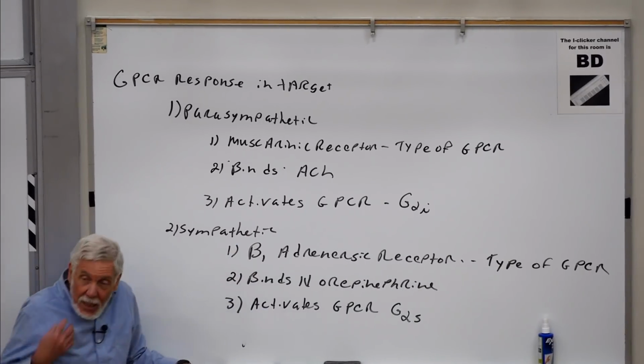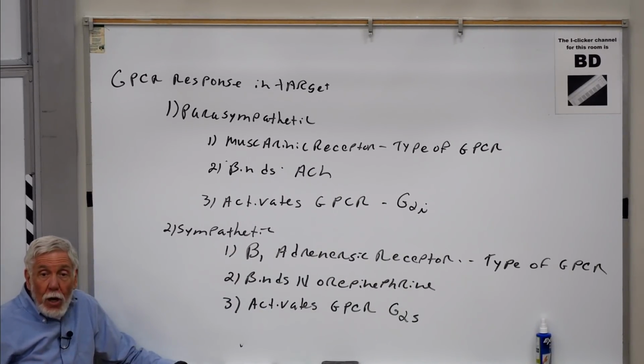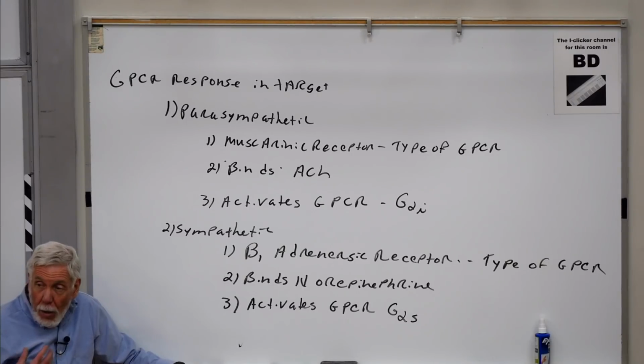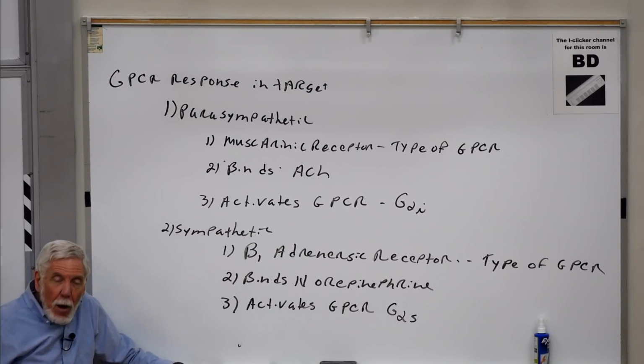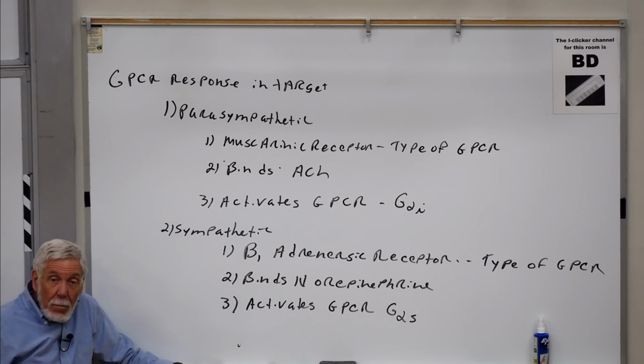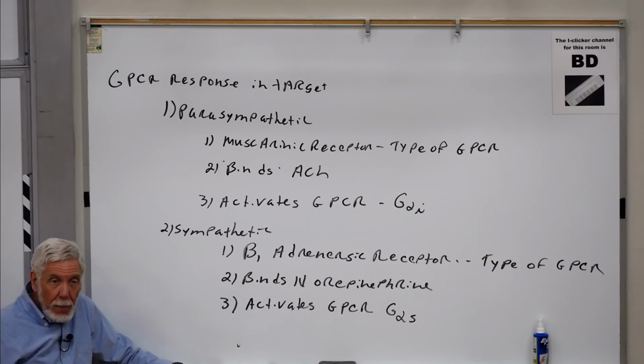In the postganglionic sympathetic neuron, the neurotransmitter being released is going to be norepinephrine. In the postganglionic parasympathetic neuron, the neurotransmitter being released is going to be acetylcholine.